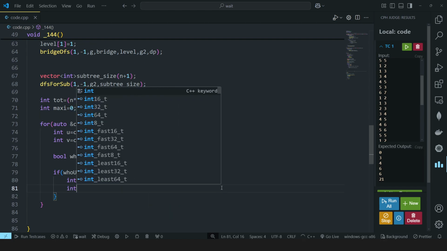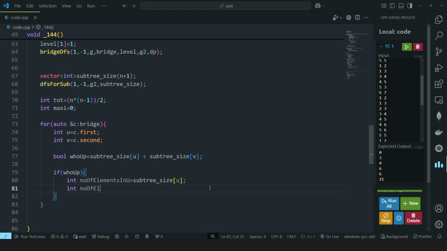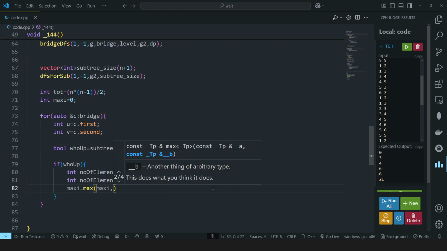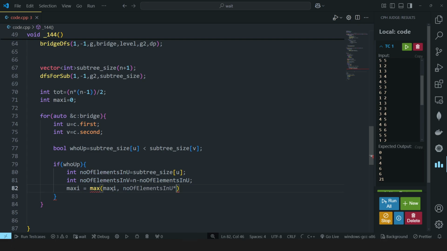And the number of elements in v would be the total number of elements minus this value. This gives us the total number of elements in the other component, and we just have to maximize the product of these two.